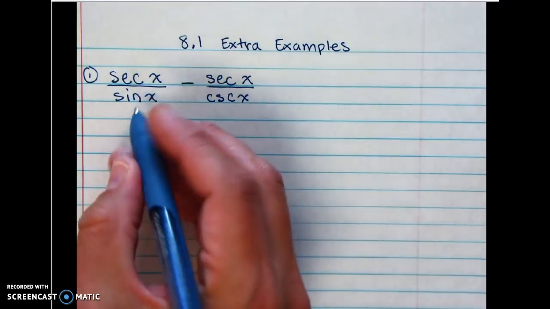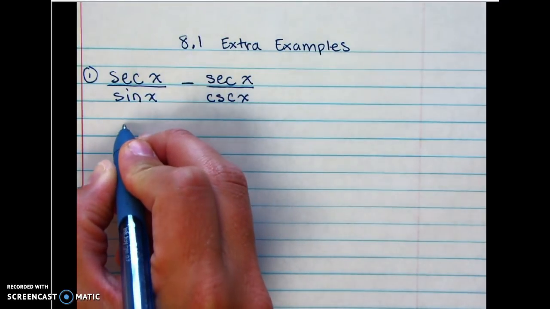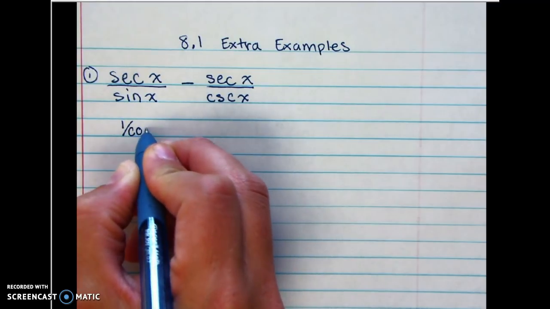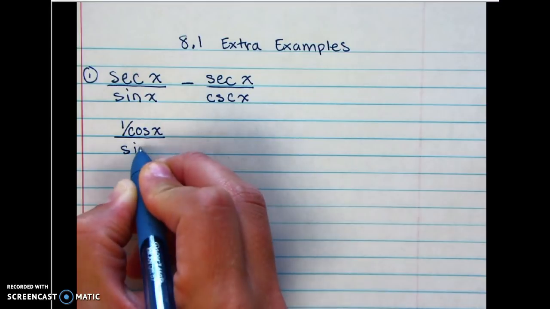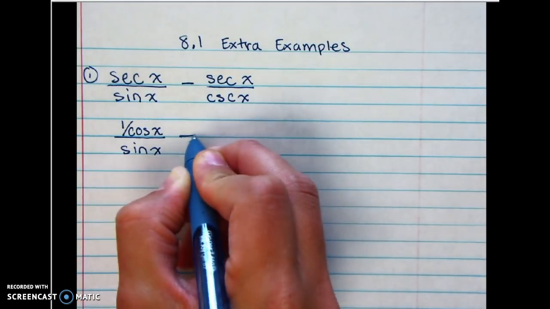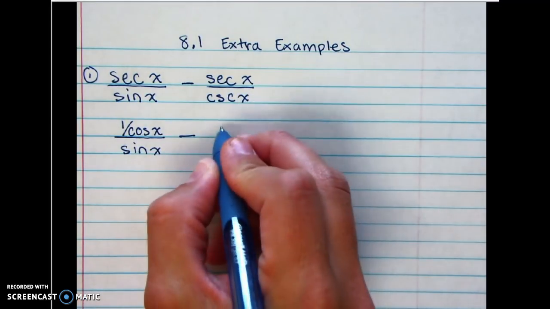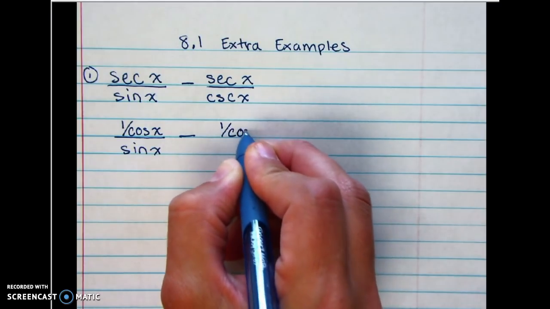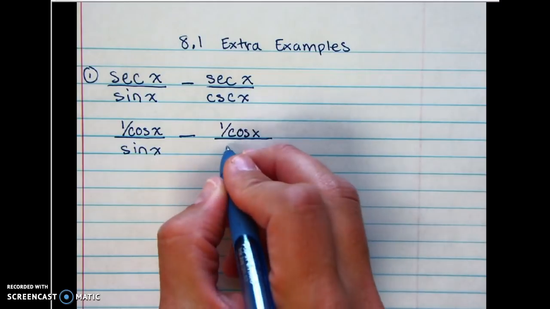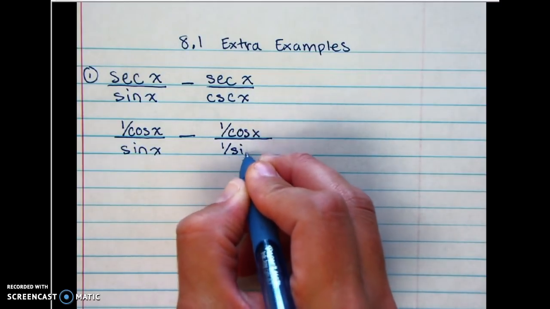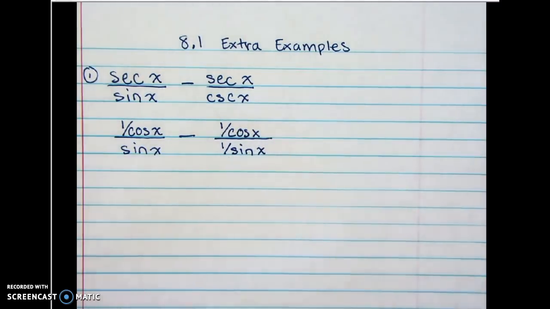The definition of secant is 1 divided by cosine. So we have 1 over cosine over sine, minus, and we have secant again, which is 1 divided by cosine, and over cosecant. Cosecant is 1 divided by sine.